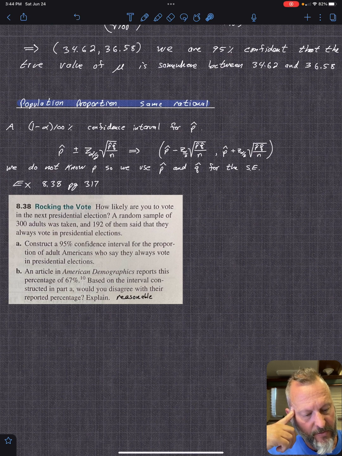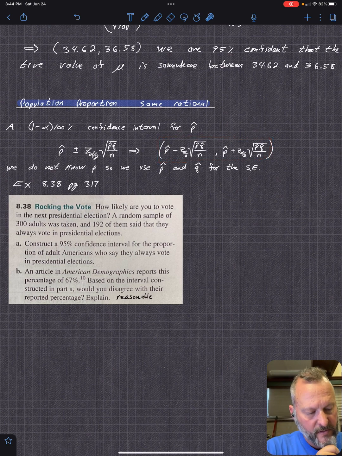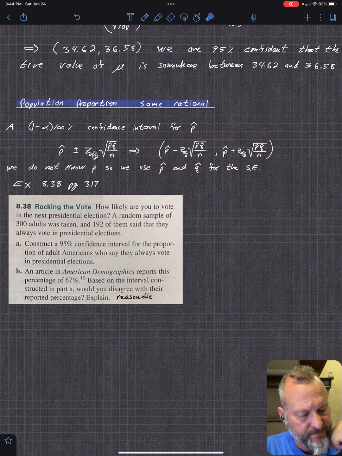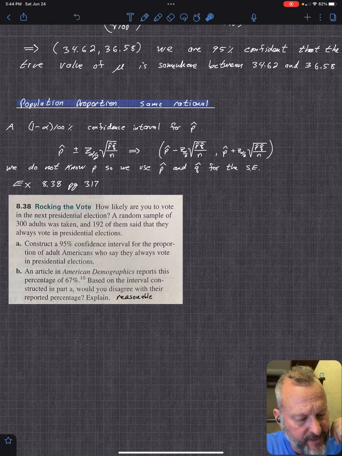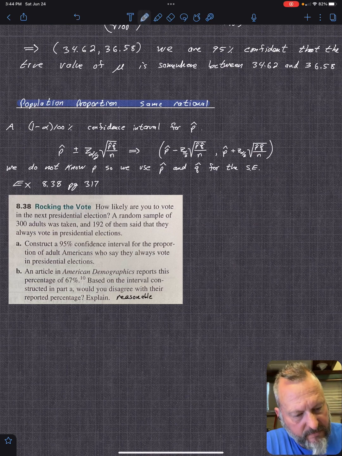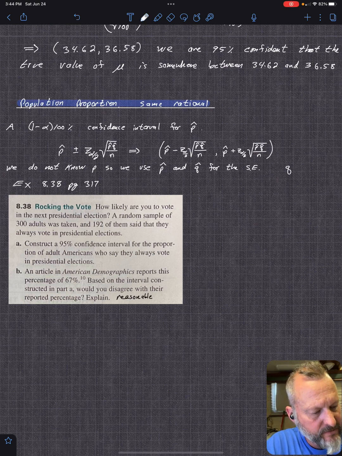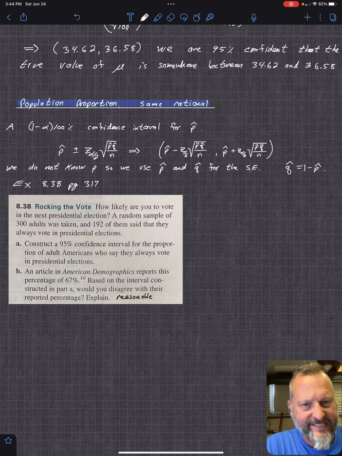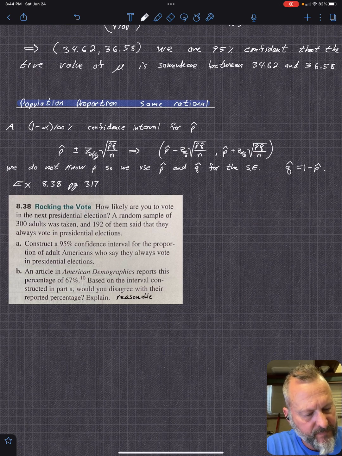And you won't know p or q, so you have to use that for your standard error. And then there's your confidence interval. So we need to know how to construct those confidence intervals for proportion. All right, so we do not know p, so we use p hat or q hat. And don't forget what q hat is. q hat is always 1 minus p hat. It's easy to calculate, and you just put it in there.